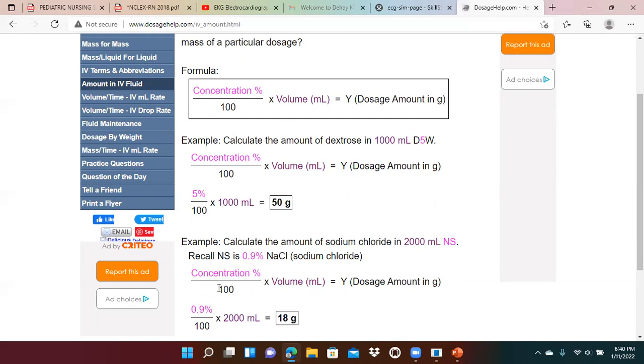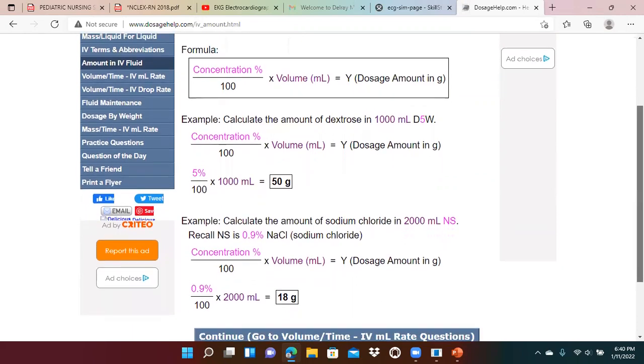As I told you, 100 is constant according to the formula. So concentration 0.9%, volume is 2000, divided by 100, so it is 18 gram. This is the sodium chloride dose amount in gram, 18 gram.